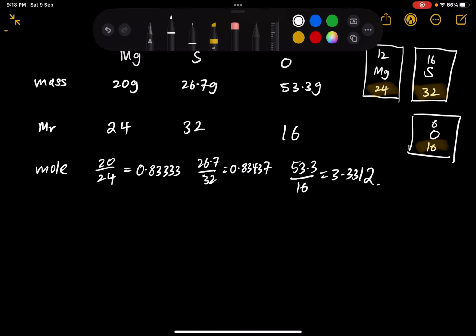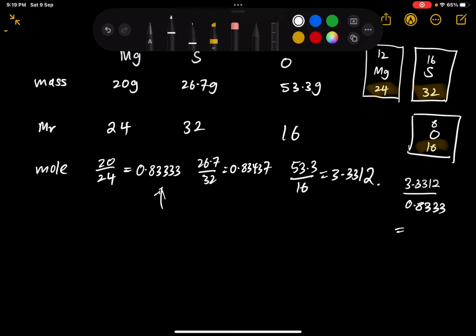Okay, so I have my numbers here. Technically this is my ratio already. So what do I do next? How do I make this a very nice number? I will be taking the smallest value and divide it. I'm going to take 3.3312, this is the biggest value, divided by the smallest value, 0.8333.